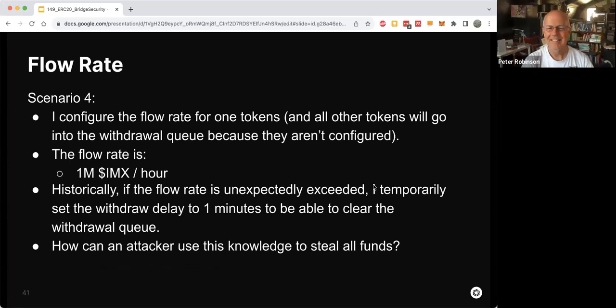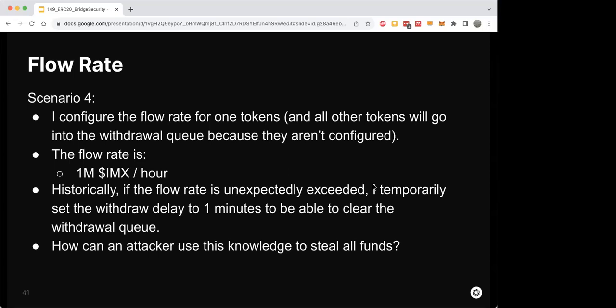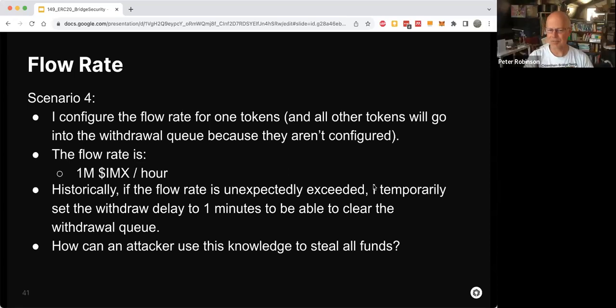All right. So you've configured the flow rate for 1 million IMX per hour, just one token. And historically, the flow rate was unexpectedly exceeded, and so suddenly we've got a whole heap of withdrawals in the queue.